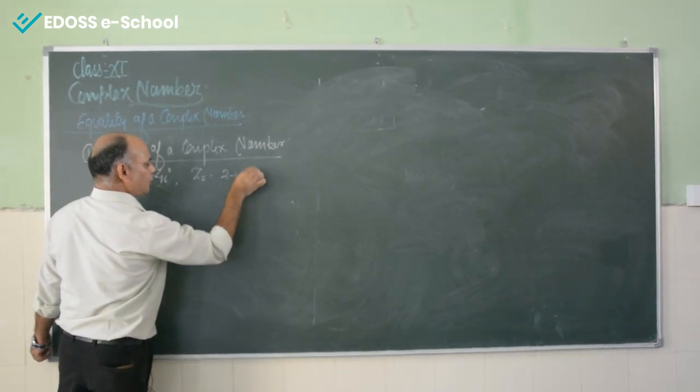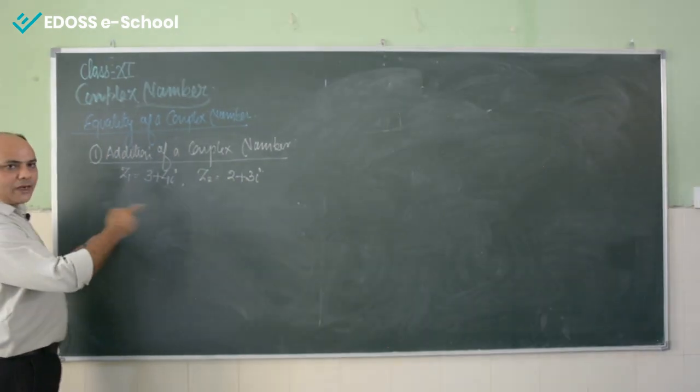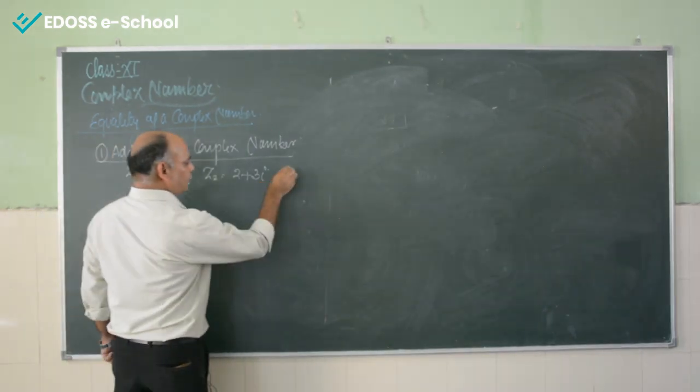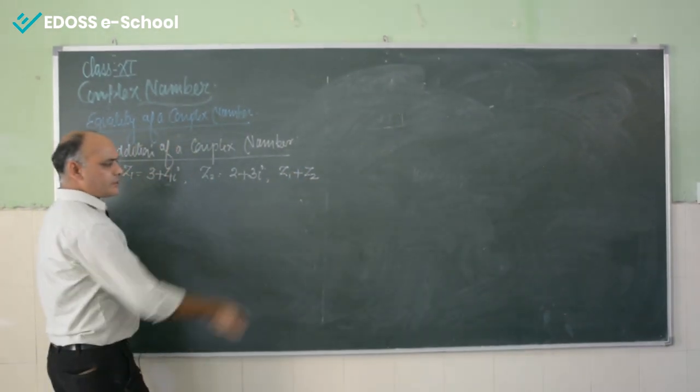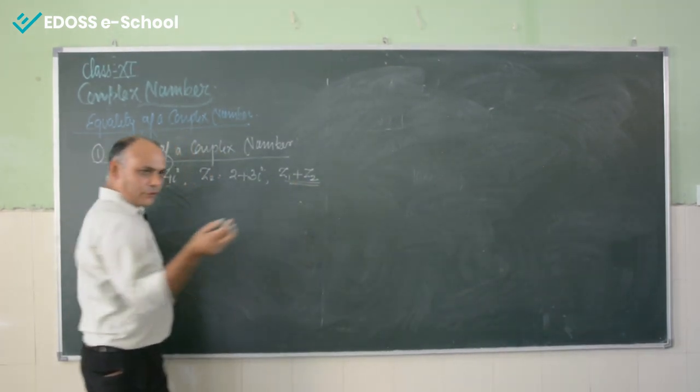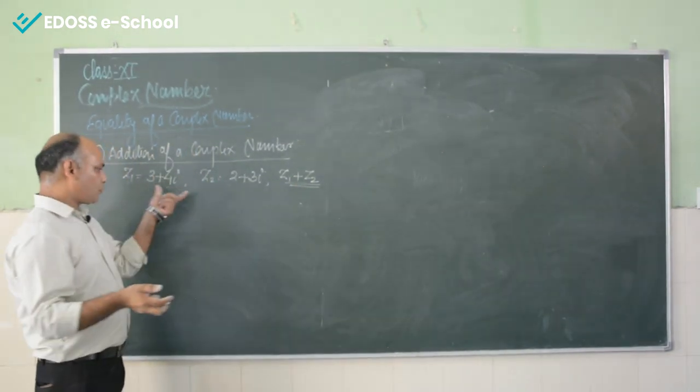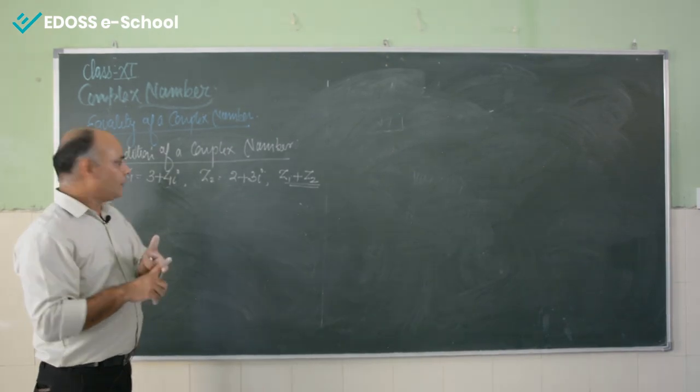I have to add them, which means I have to find the value of Z1 plus Z2. This is our aim: the two complex numbers are to be added.